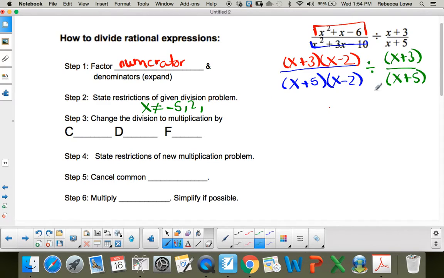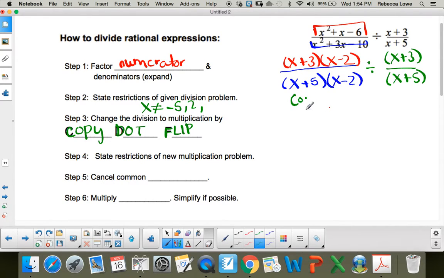Division can always be changed to a multiplication problem, and that's what you're going to do. A way to remember how to change division to multiplication is copy, dot, flip. I'll explain what that means. Dividing is the same thing as multiplying by the reciprocal.